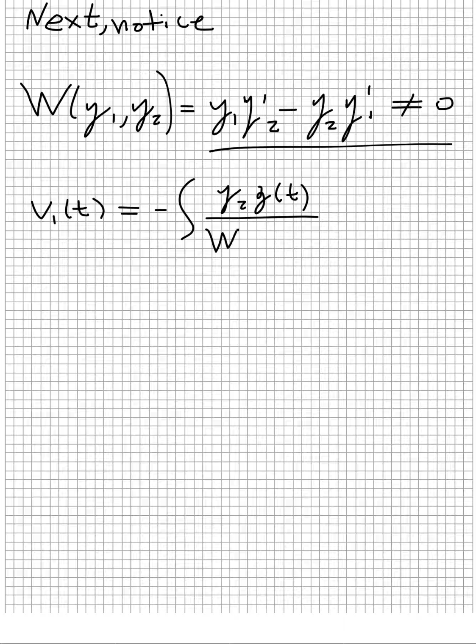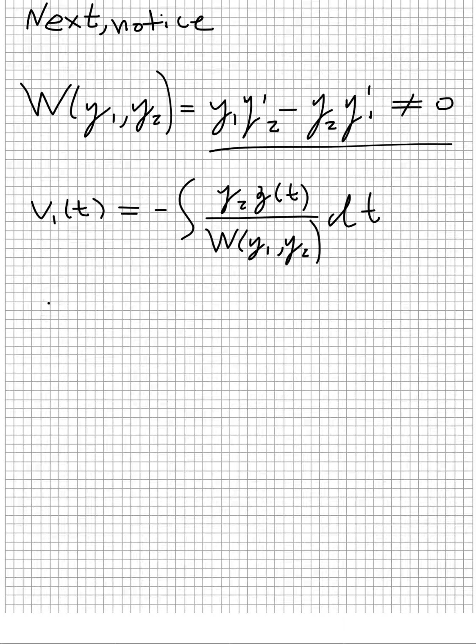The Wronskian of y1, y2 dt. For fun, you should go back to equation 8 and see that the denominator is in fact the Wronskian.